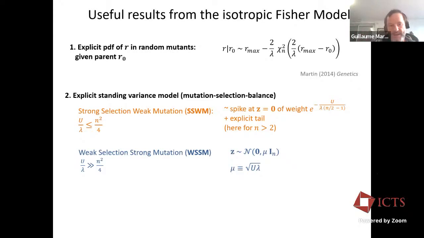Under a weak selection, strong mutation case, the fitness function is quite wide and the mutants have a narrow distribution. Then there is a kind of central limit theorem that comes in, which gives a result comparable to Lande's result on mutation selection balance in sexuals.